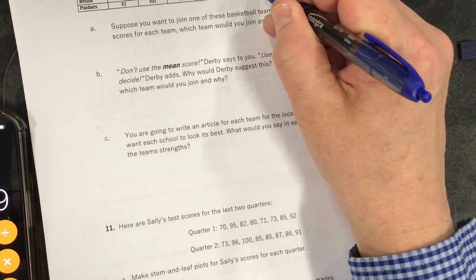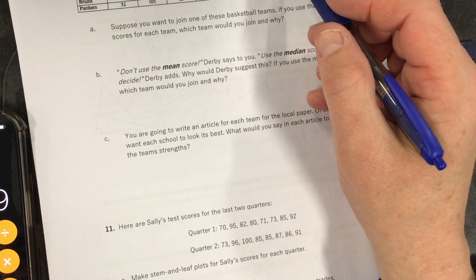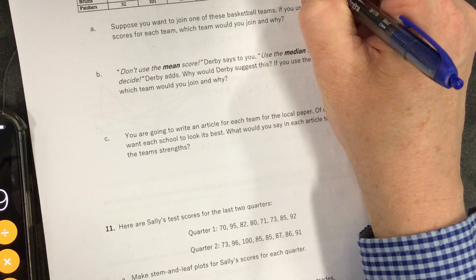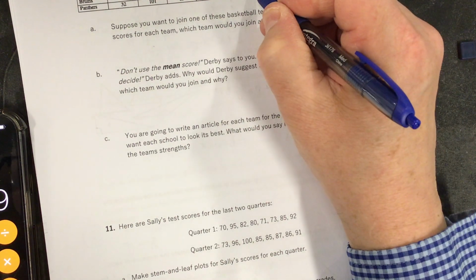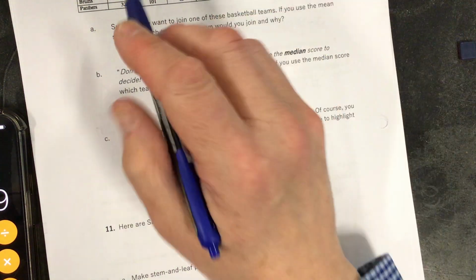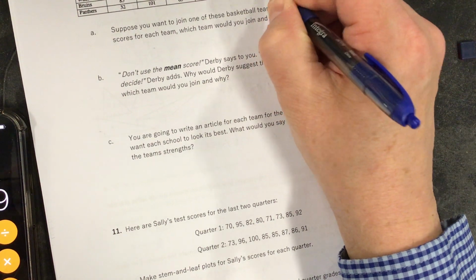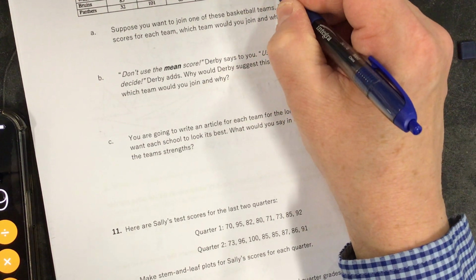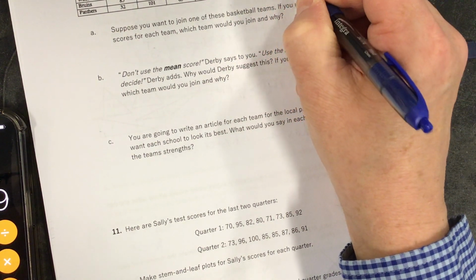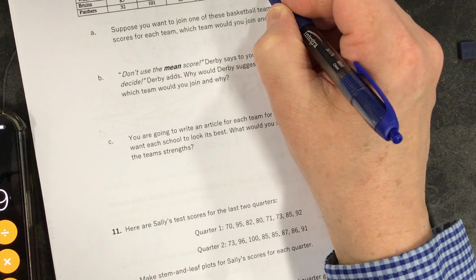When I add those together, the Wildcats' mean is 77. When I find the mean for the Bruins, I divide by 5 again, and that mean equals 69.